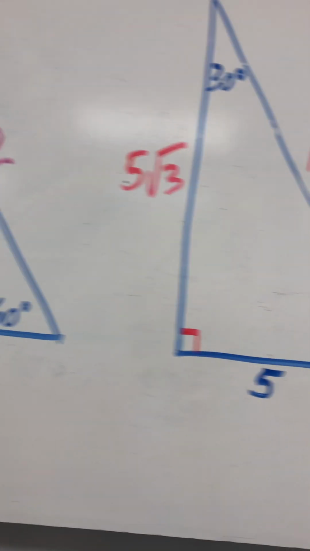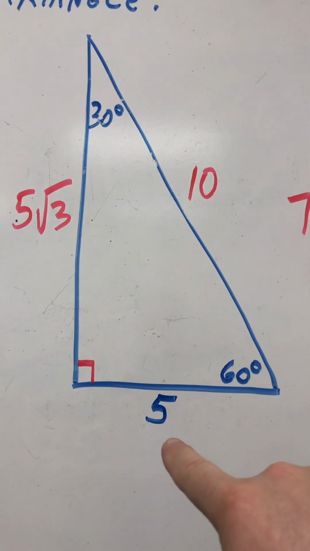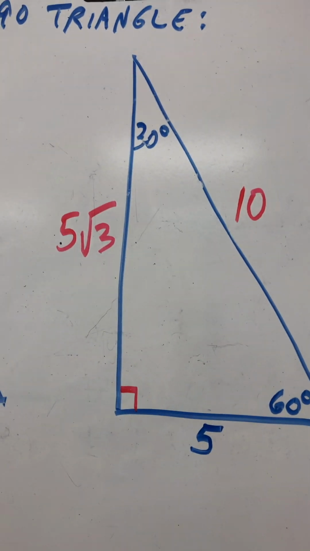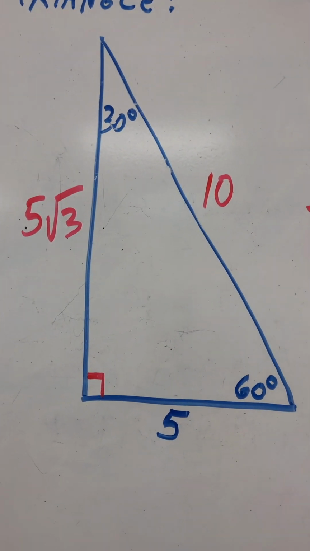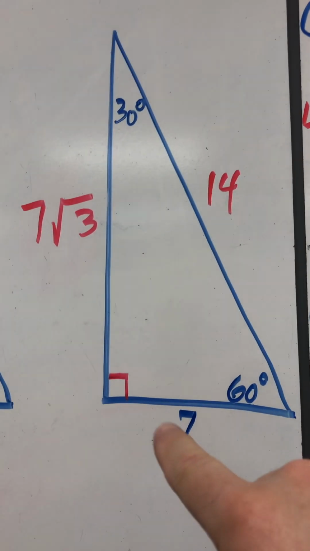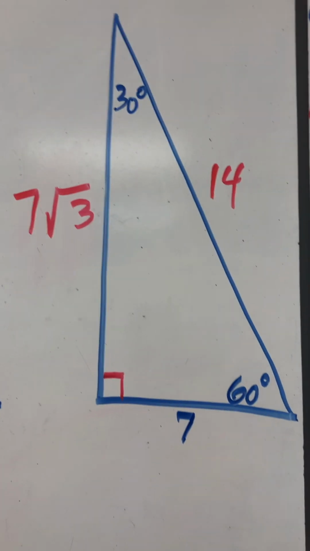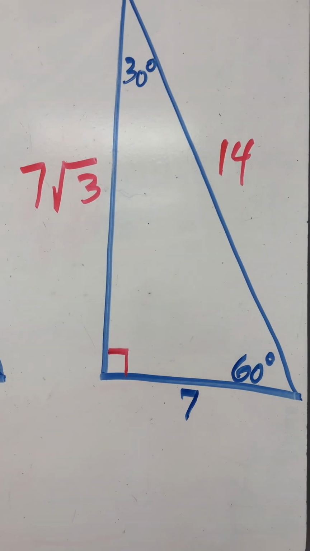For example, if the short leg is 5, the hypotenuse is 10, and the long leg is 5 square root of 3. If the short leg is 7, the hypotenuse is 14, and the long leg is 7 square root of 3.